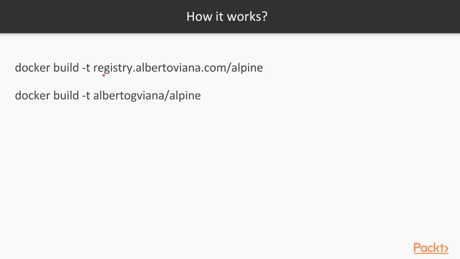In my case, I'm using the Docker private registry, so I should have registry.albertoviana.com/my image name. Or if I'm using hub.docker.com, I will use my username, in this case albertoviana/my image name. With these commands, I can build my own Docker image.